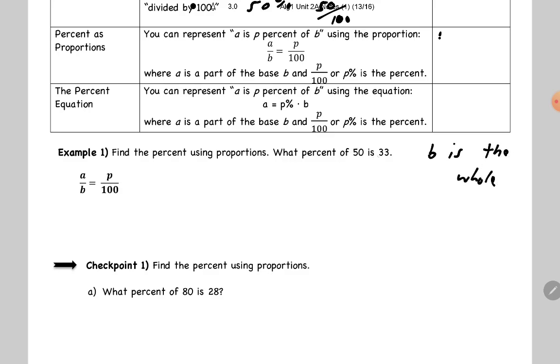So what they're asking is, 33 is what percent of 50, or what percent of 50 is 33. So you put the whole, usually the bigger number, on the bottom, and you set that equal to P over 100, because we're trying to find the percent.